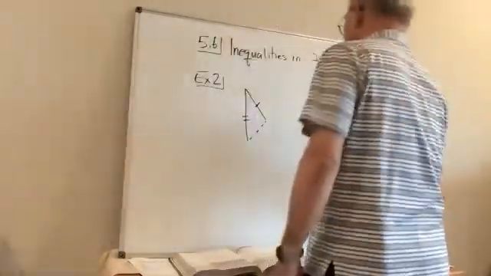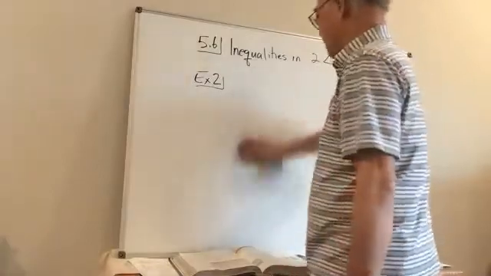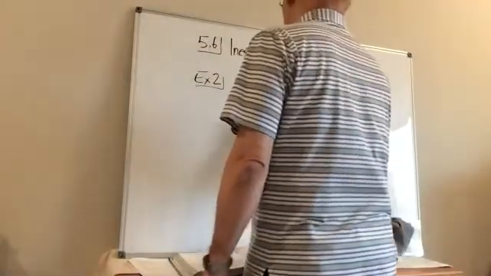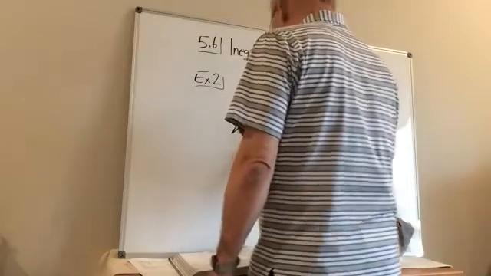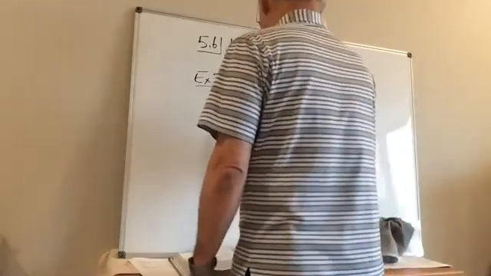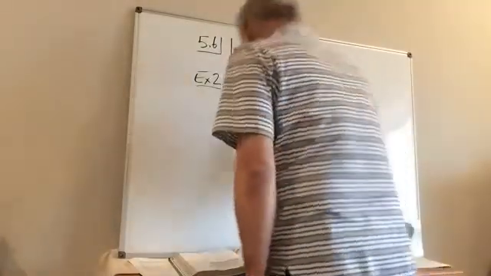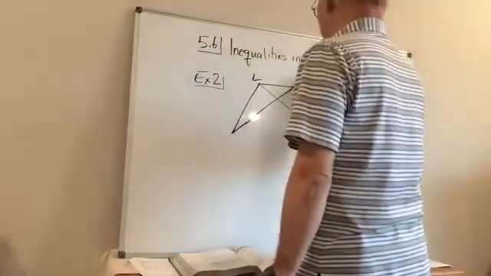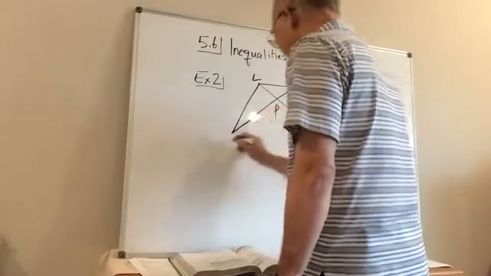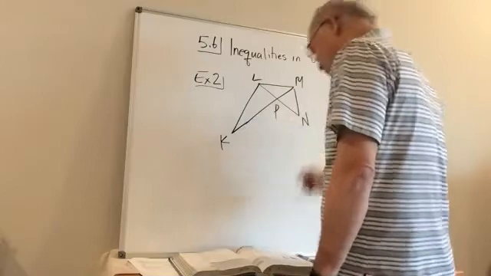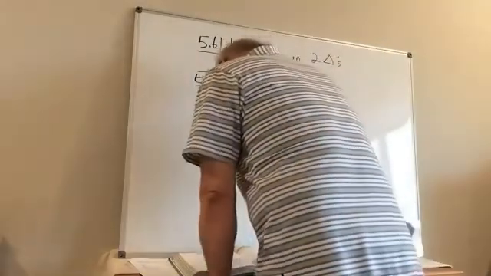Flip the page, go to example number 3. We have a triangle like this, and then we have a triangle like this, with L, M, P, K, N. Write a two-column proof.